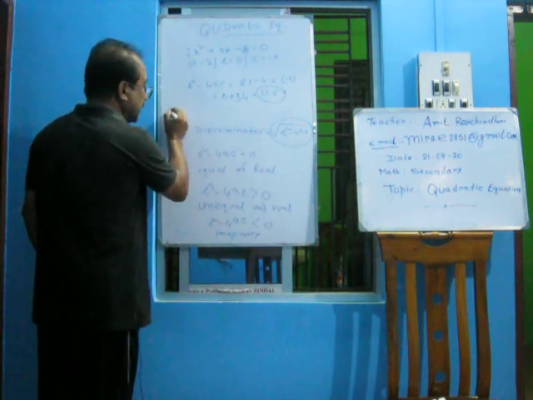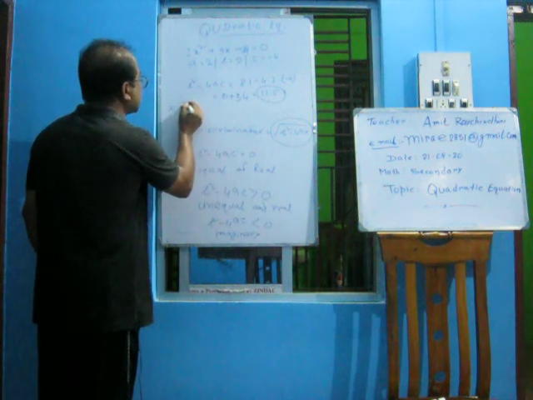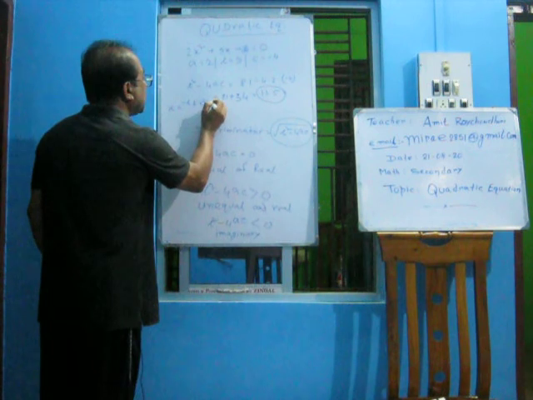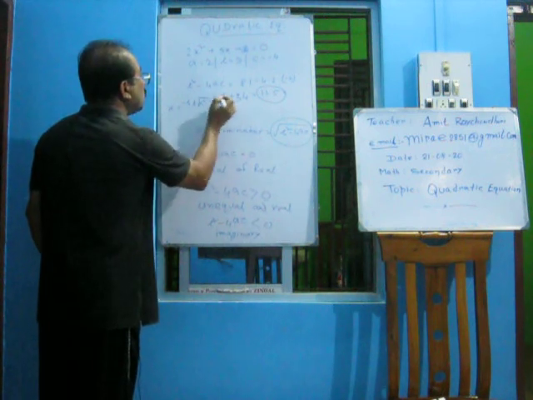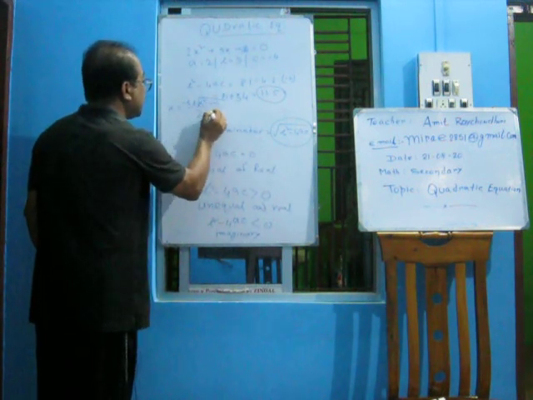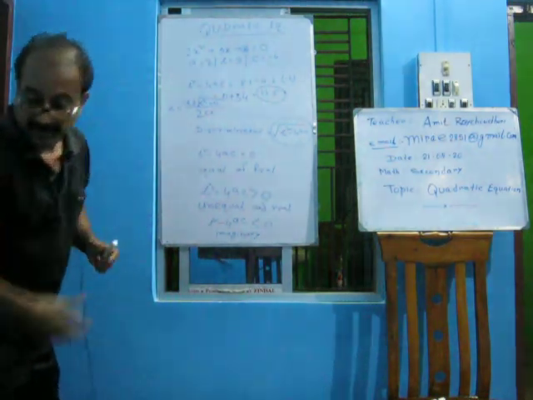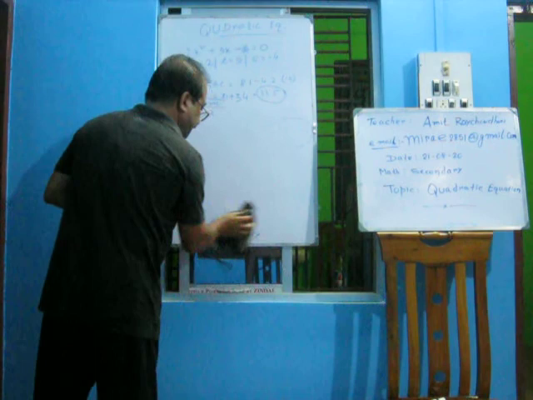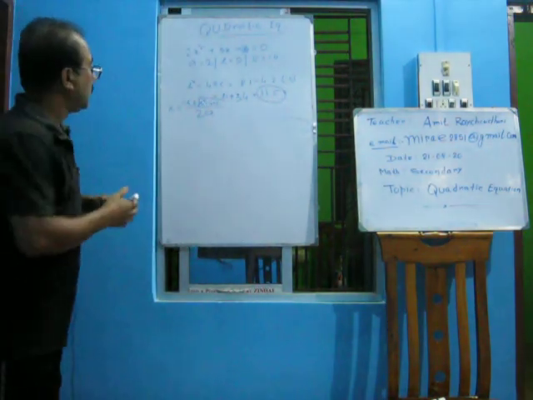The result was x equal to minus b plus minus root over b square minus 4ac divided by 2a. So what should I do now?